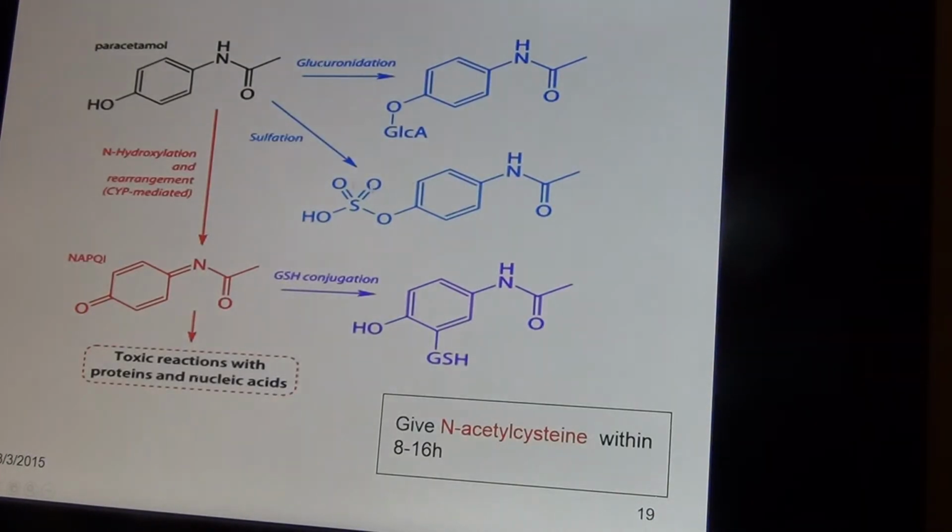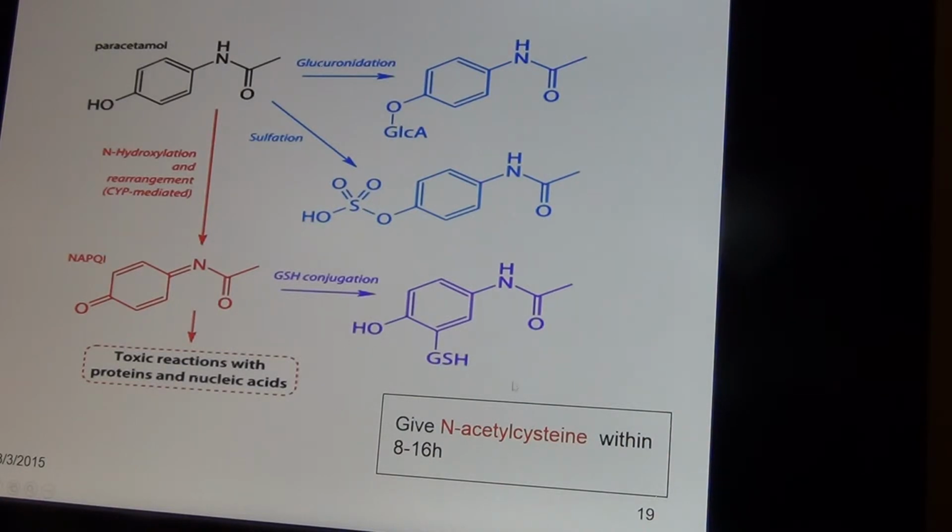So this is the process. We have the process of glucuronidation and sulfation, which are part of the phase 2 reactions, and then once the pathway has been saturated, it will undergo N-hydroxylation and rearrangement, which will cause production of NAPQI, and this will cause toxic reactions with proteins and nucleic acids.